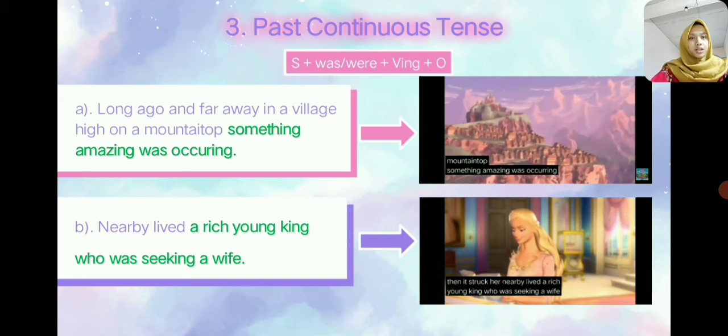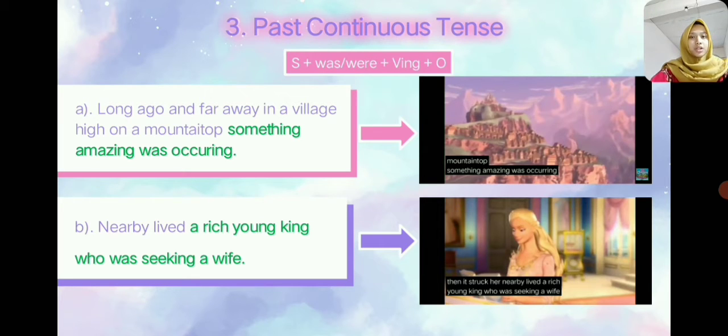Something amazing is subject, was occurring is was plus verb ing. The situation happened in the past and was still occurring at some point in the past. This tells that in the past, when the queen and the king had children, there was something amazing that occurred in their life with having a daughter named Anneliese.